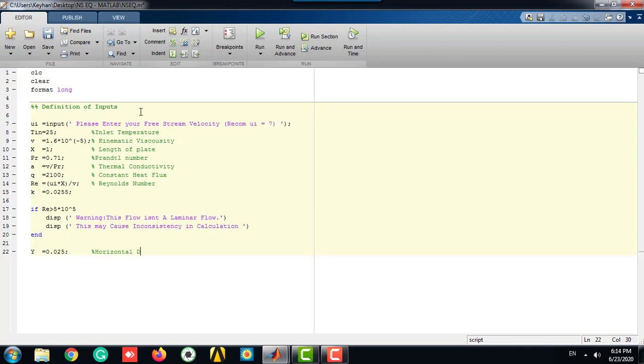After that, we define y, which is the vertical distance from the plate, and we set it as 0.025. After that, we define the boundary layer thickness, since we want to know what percentage of the distance from the plate the boundary layer occupies. So psi is 4.92 multiplied by the Reynolds number to the power of minus 0.5.